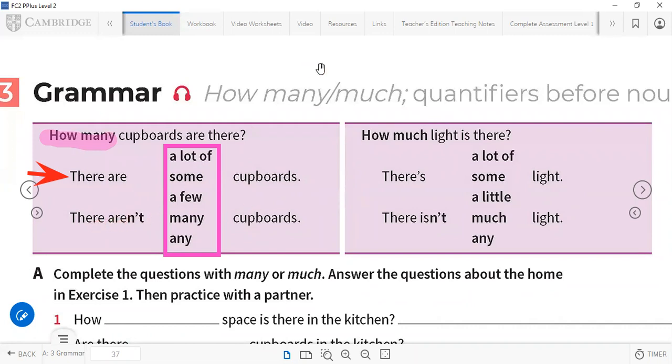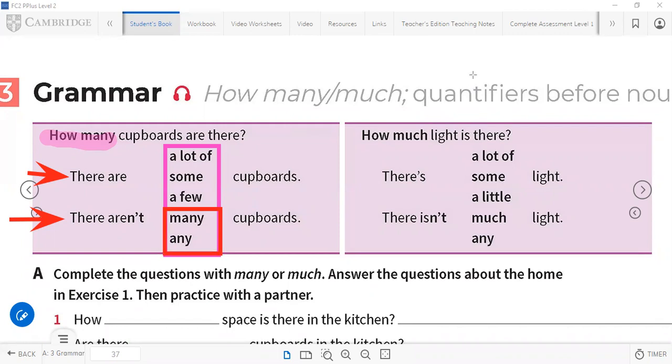In negative, we can see here. Let me show it again. We use there aren't in this case. In negative, we can use many and any.